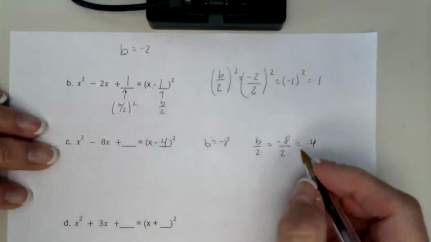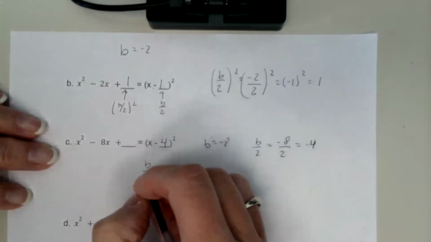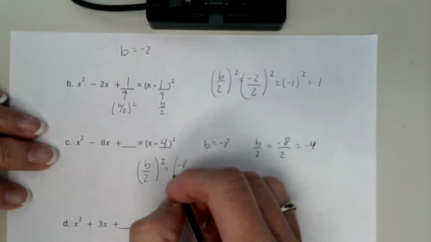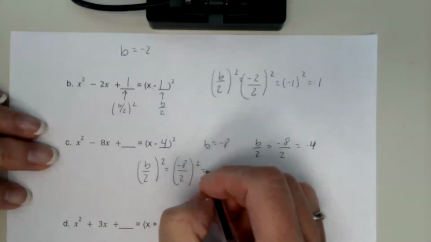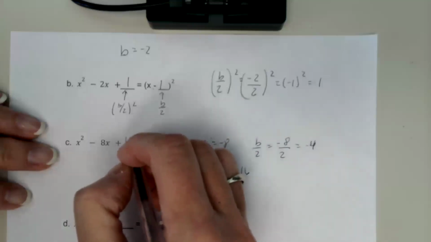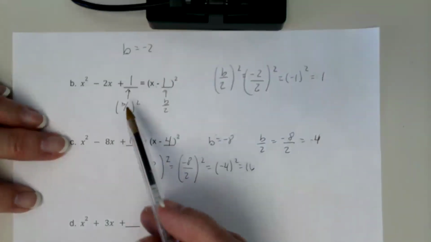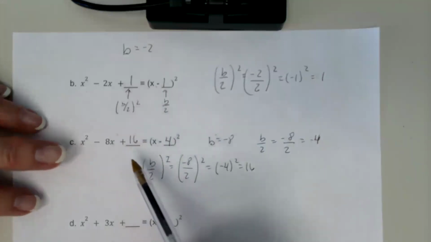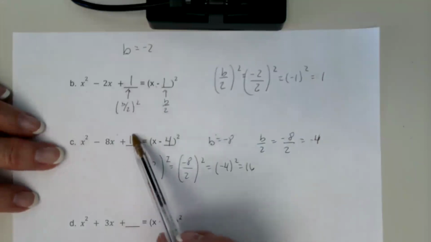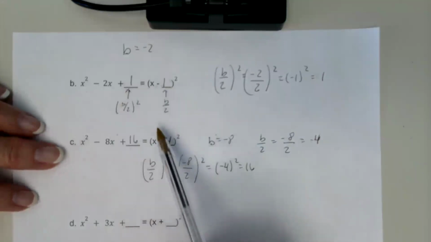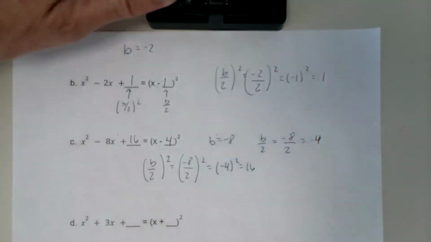And so what we add here is the b divided by 2 squared, which is negative 8 divided by 2 squared. Negative 4 squared is 16. So we're adding 16. Notice it's always adding something positive here, because even if b divided by 2 is negative, when we square it, it becomes positive. But when it's in a perfect square, it'll still be the negative, the x minus 4.